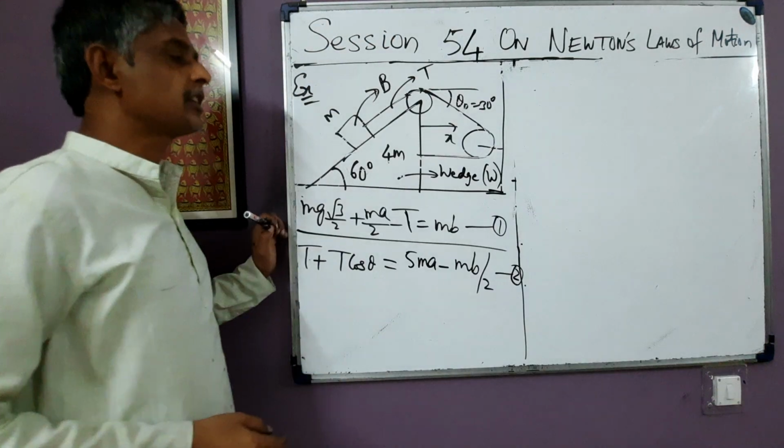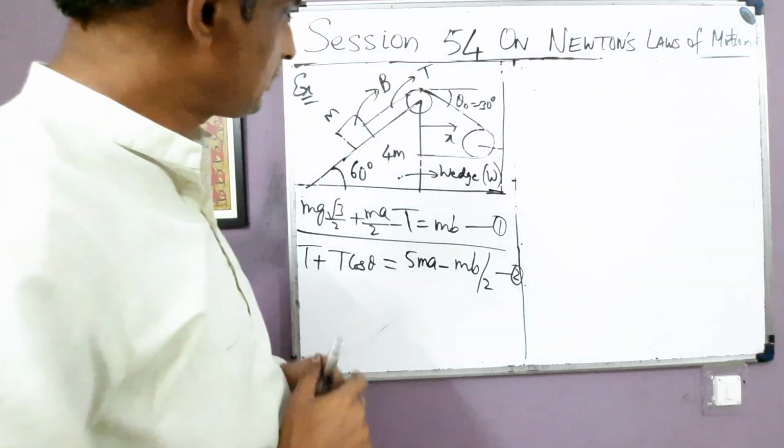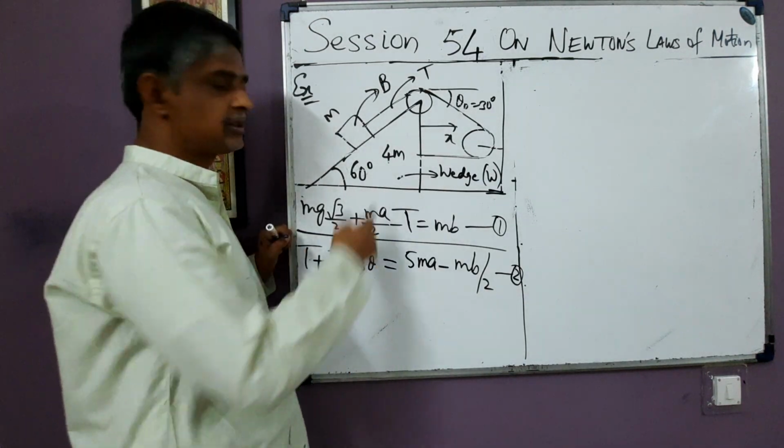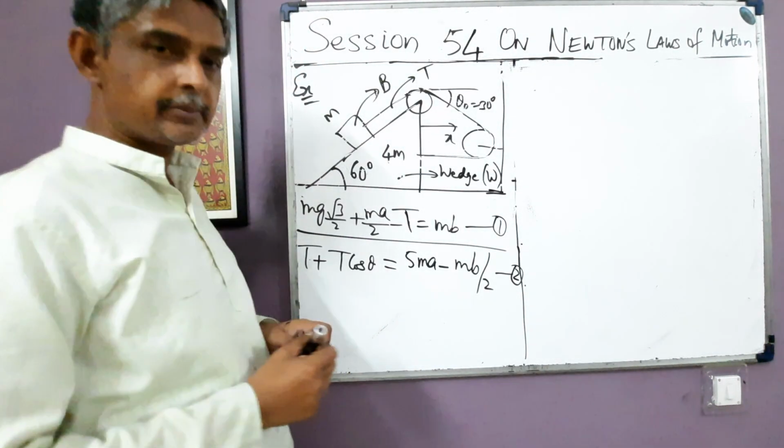So in order to write down the constraint relation, let us first write down the constraint relation for displacement.